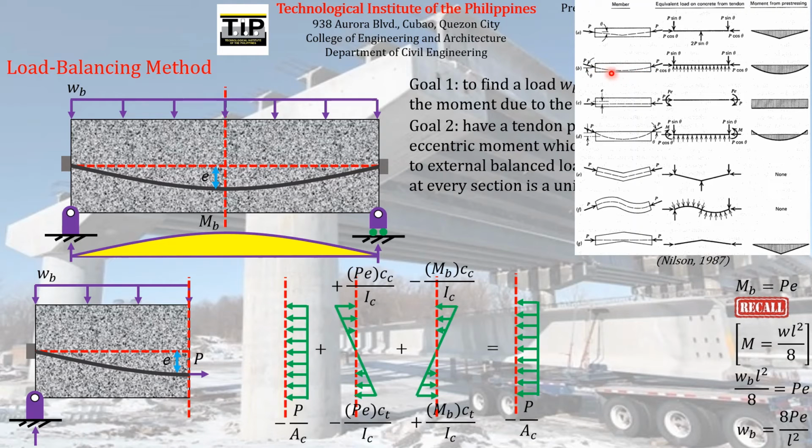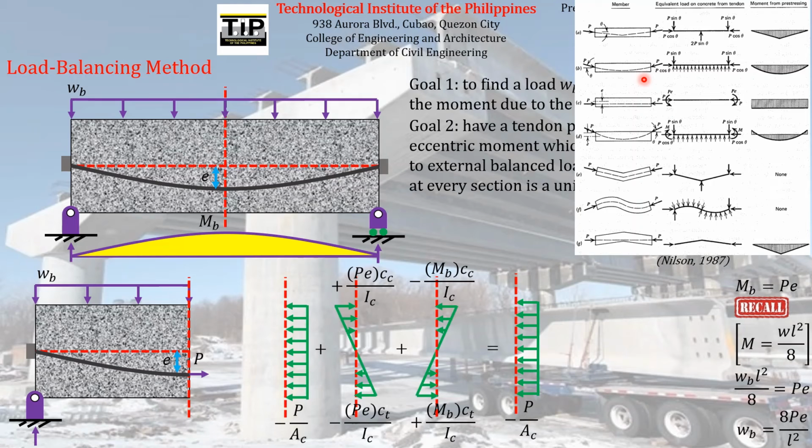length of the beam. So therefore, if you will have a tendon profile such as this, we have to apply a uniformly distributed load so that the eccentric moments coming from the pre-stress force will just be balanced by the bending moments that will be produced by the applied uniformly distributed loads.